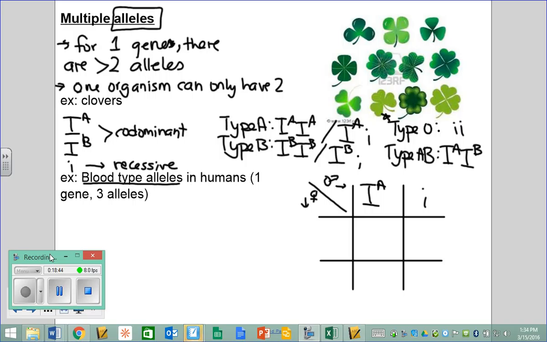And let's say that the female parent has type B blood. Same scenario, she's heterozygous. The recessive allele is the lowercase i. That represents blood type O. Yeah, I know the letter I is there for other reasons, but 2 little i's give you blood type O. So you could say that the lowercase i is representing blood type O.